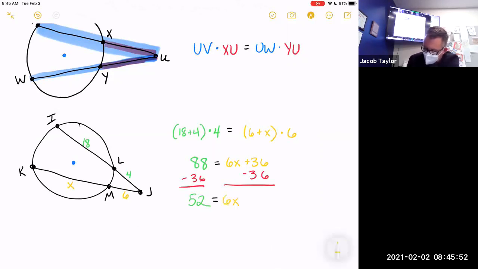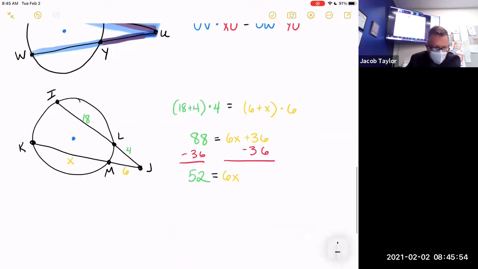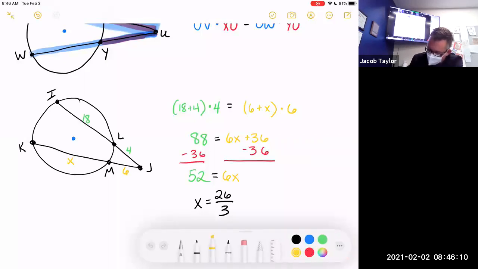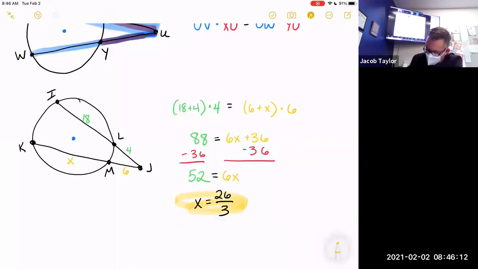X equals 8.66666666667. So I think I'm just going to write that as a reduced fraction, which would be 52 sixths, reduces to 28 thirds, right? 26 thirds. I can't divide. 26 thirds. Good job, everybody. Okay, so we tried very hard.